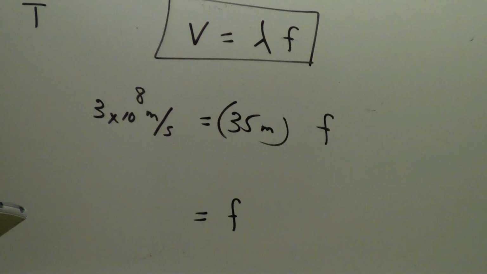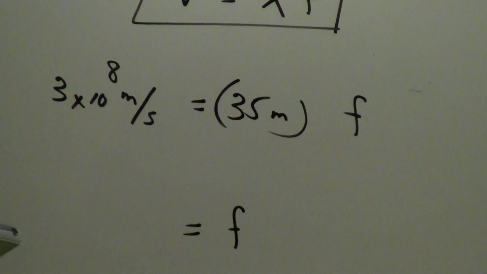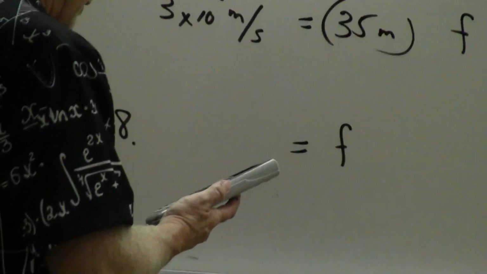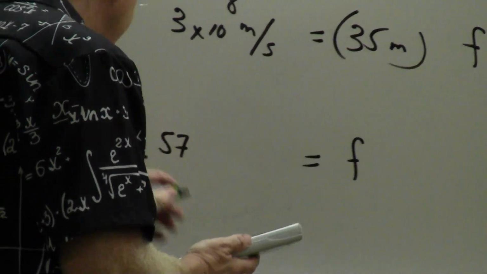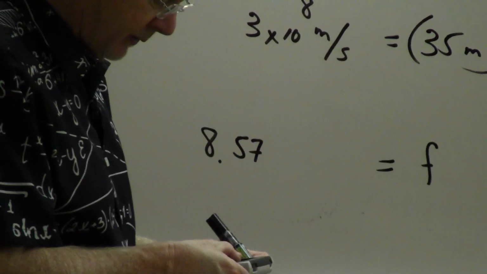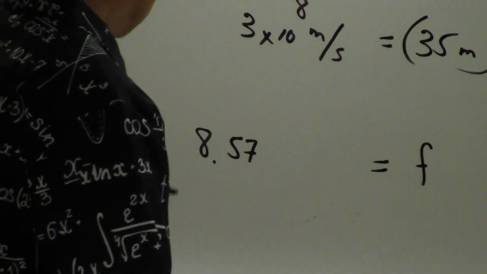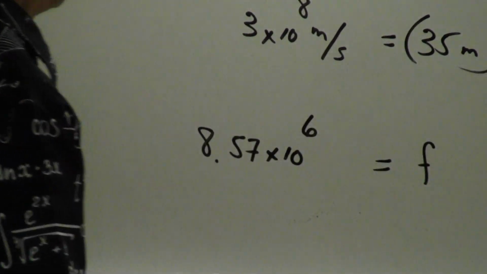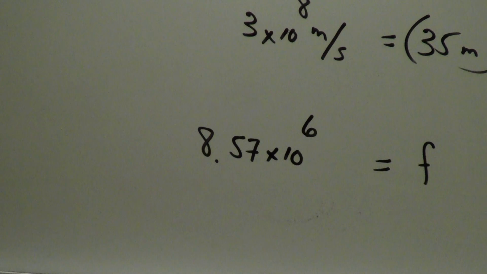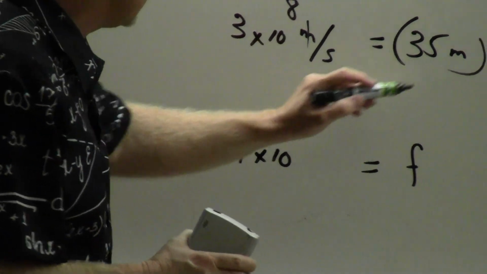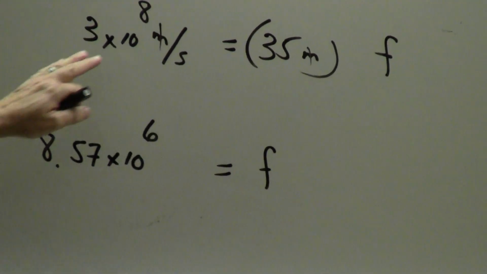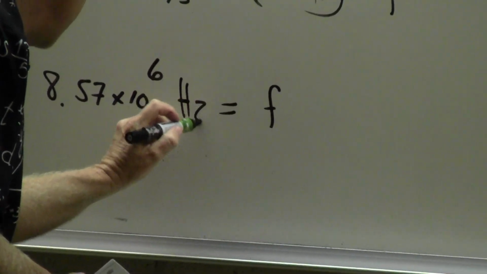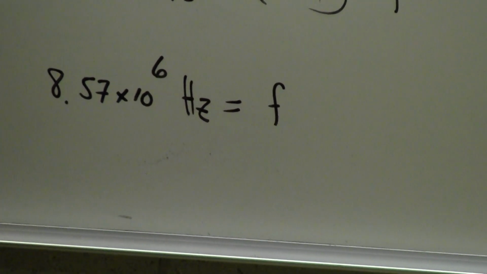So 3 times 10 to the 8th divided by 35 comes out to be 8.57, and I think this was mega, 1, 2, 3, 4, 5, 6, yeah, times 10 to the 6th. And let me take a moment to look at the units, right? The meters would cancel off, and you would be left with this per second, which, remember yesterday, we called a hertz.